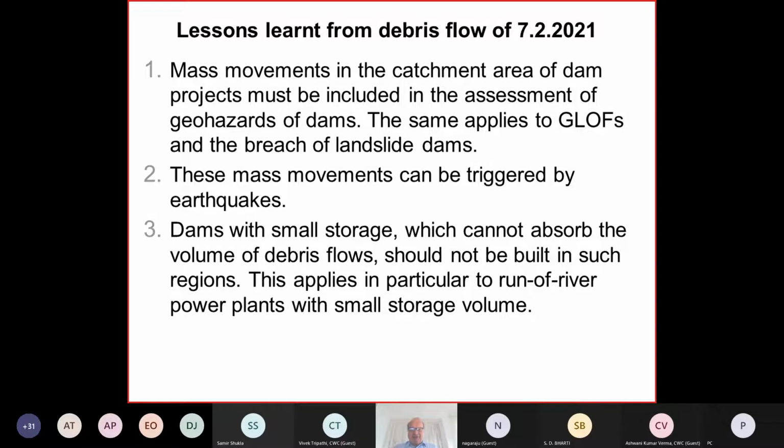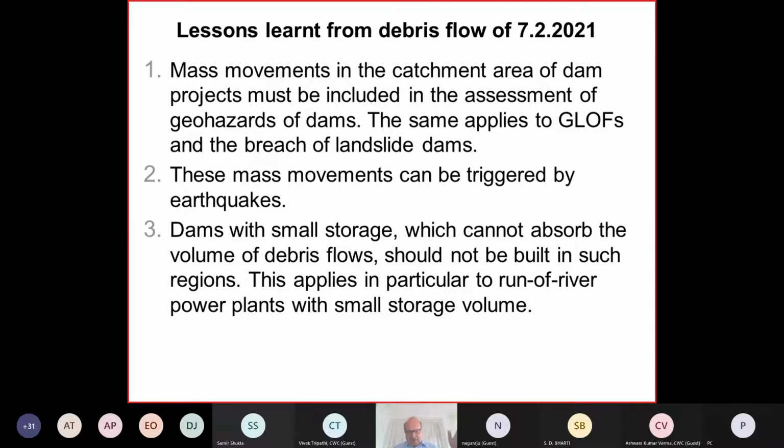Now, lesson number 3 is that dams with small storage, which cannot absorb the volume of debris flows, should not be built in such regions. This applies in particular to run-of-river power plants with small storage volume. We know run-of-river power plants in steep valleys, even in Switzerland along the main river, have reservoirs of only a few million cubic meters.